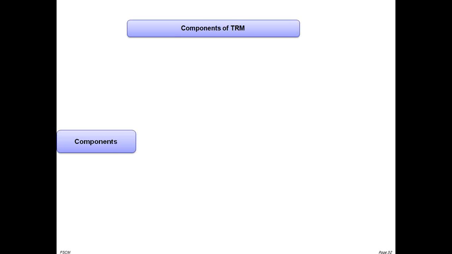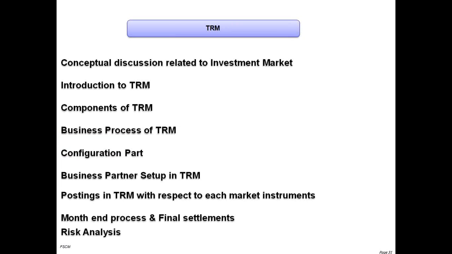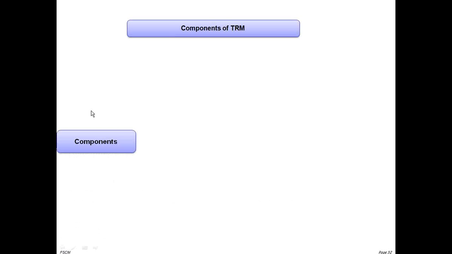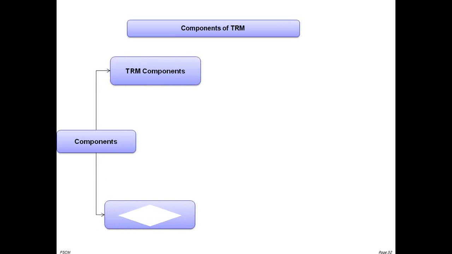As I told, the first two I'll complete whenever we start the treasury management system. I'll try to introduce you to the information related to the components. What are the TRM components?